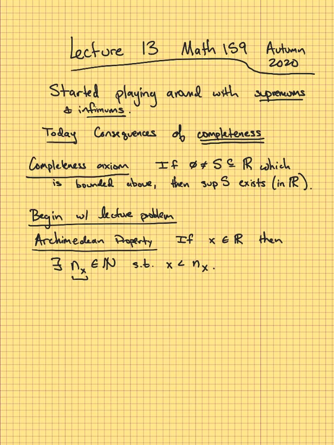Now, this is maybe obvious if you're assuming properties of the natural numbers, but we have to derive it just from the axioms that we have. Okay, so derive it from the axioms we know. That's the lecture problem.